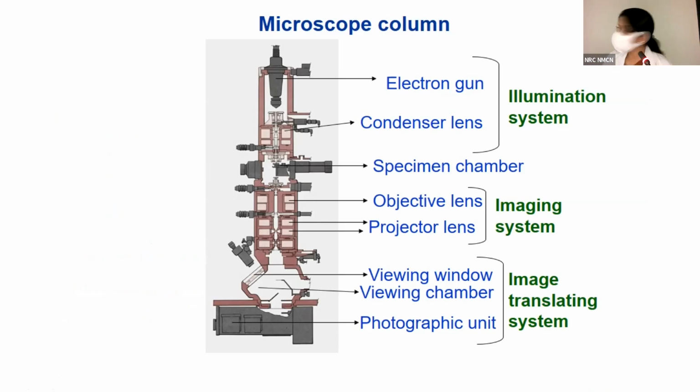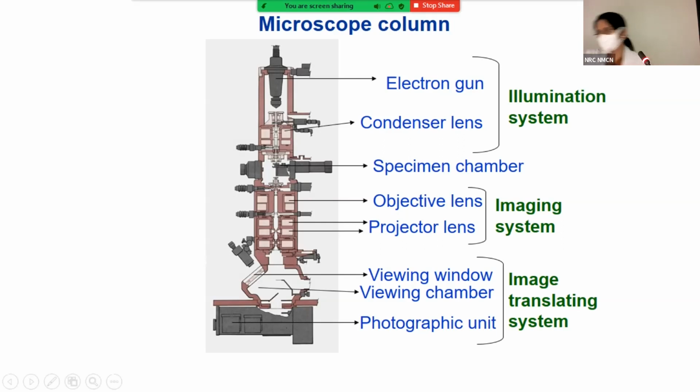When we look at the cross section of the microscope column, the electron gun is at the top. There is a beam which comes from the electron gun. The electron gun can use different types of filaments, but we also use the tungsten filament. Another filament which is used is lanthanum hexaboride, that is LaB6. It emits an electron beam, and there is an anode so that the electron beam has a coherent path.